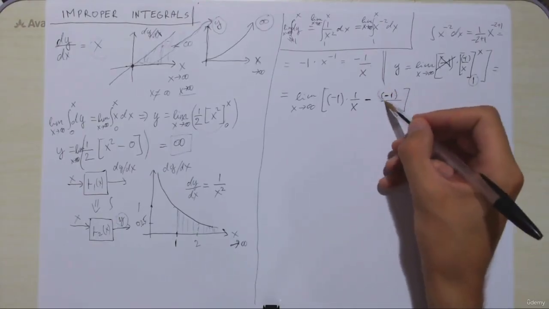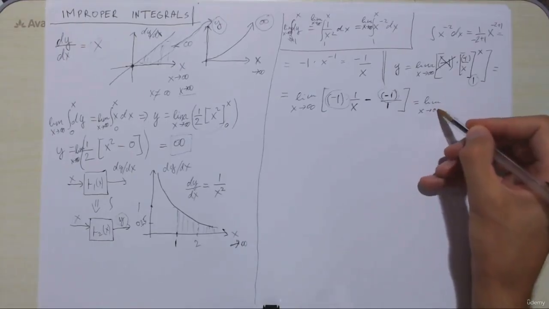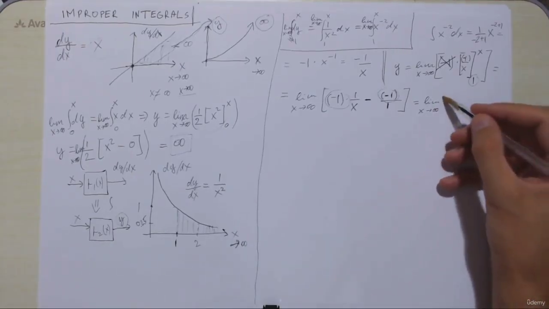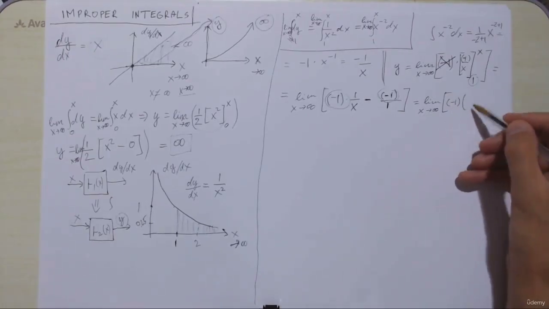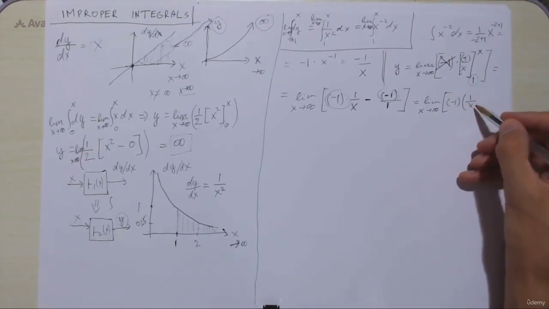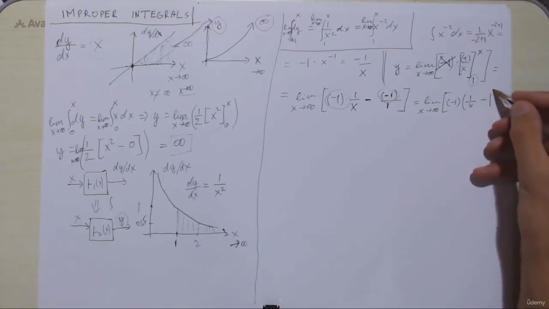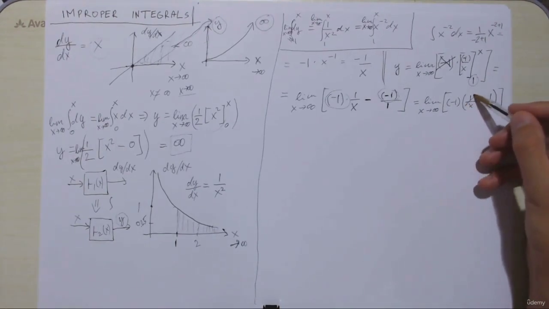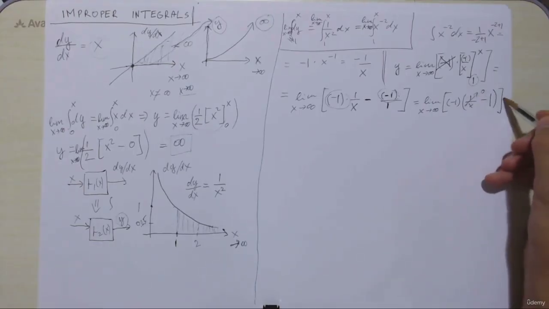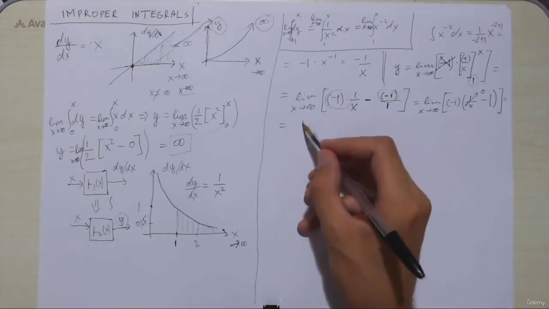Now if you see, then this constant can be now factored out. That's why when you have a constant, then you can just factor it out, put it here, and then you simply have 1 over x, and then minus 1, like this. But okay, if our x approaches infinity, then this becomes 0, right? And that means that your entire answer is 1.